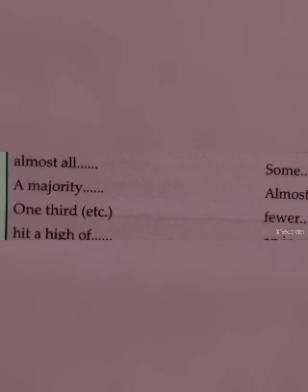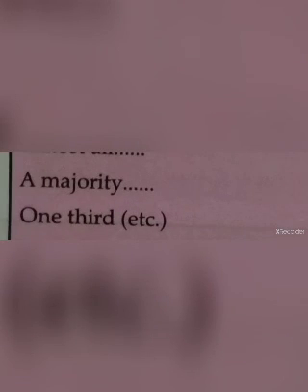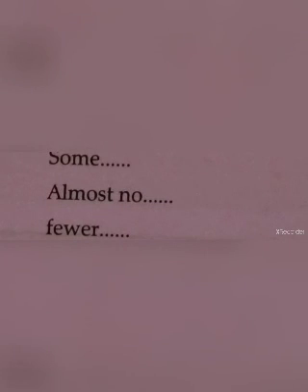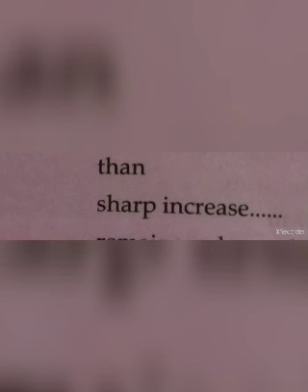Example: all, almost all, a majority, 1/3, hit a high of, as many as, some, almost no, fewer, an increase, a decrease, lesser than, sharp increase, remain unchanged. These expressions you can write when you write the analytical paragraph.